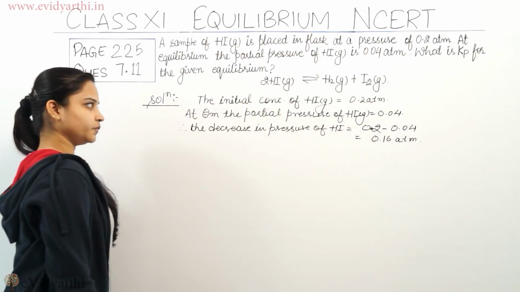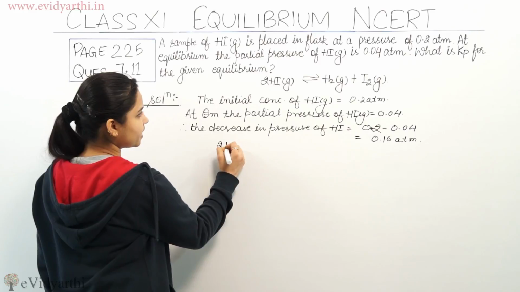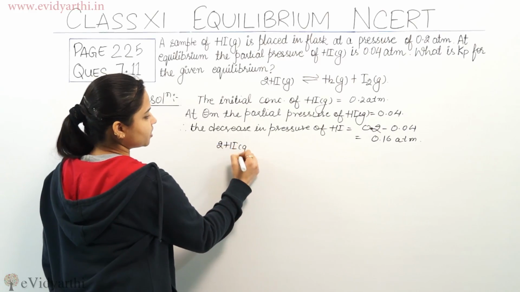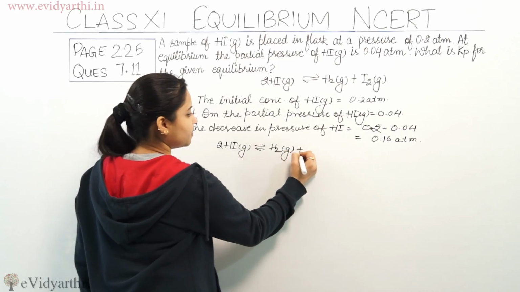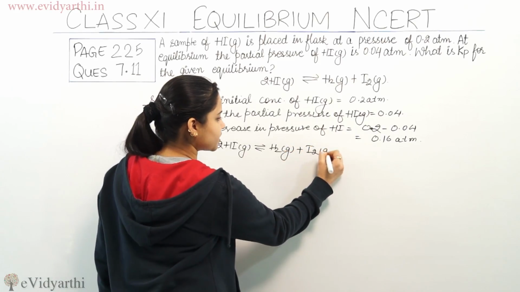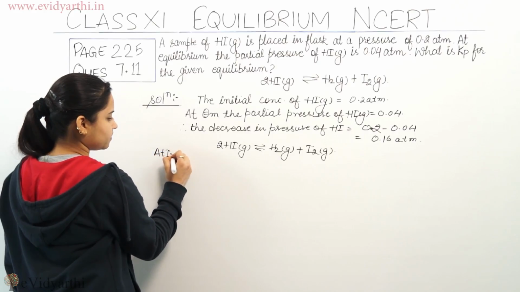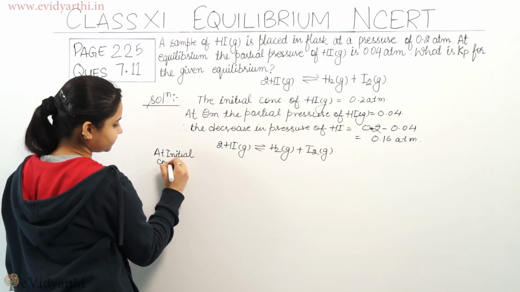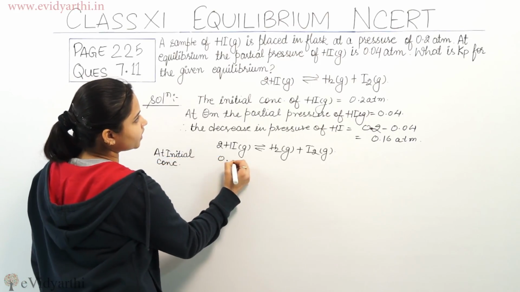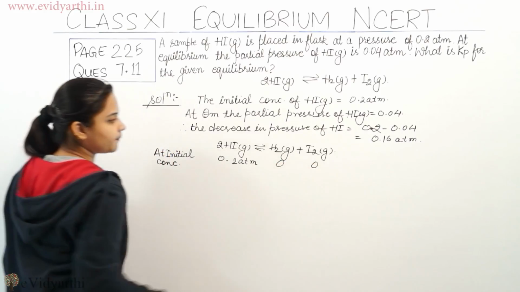Okay, fine. The reaction which is given to us is 2HI in the gaseous state giving H2 in the gaseous state plus I2 in the gaseous state. Initially, what was the concentration of HI? It was 0.2 atm and the rest were 0 and 0.